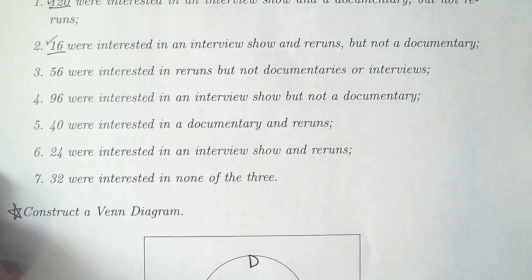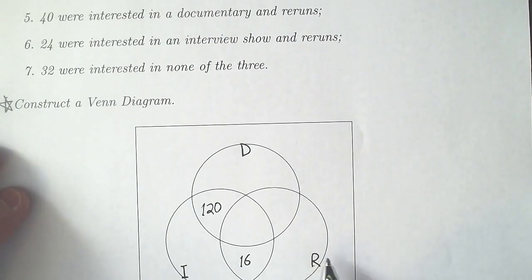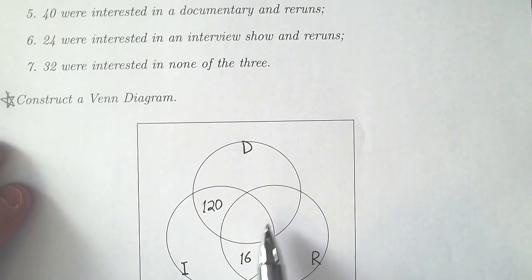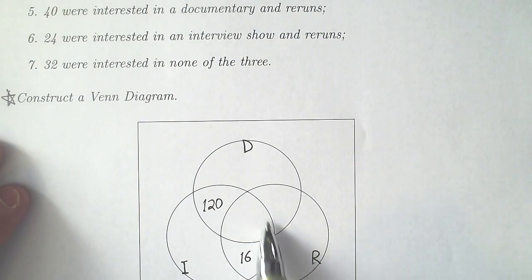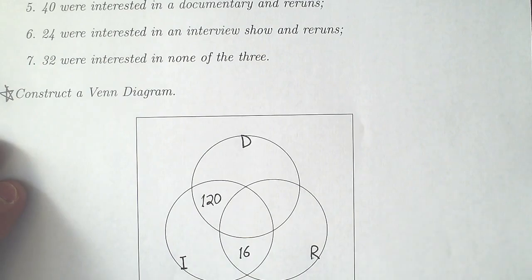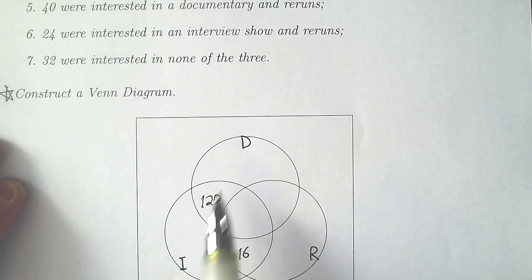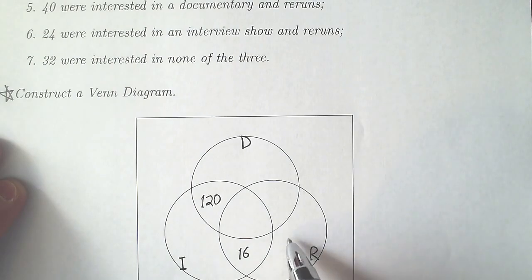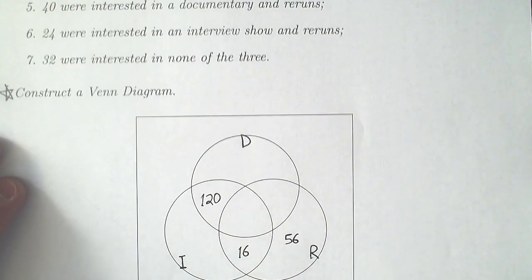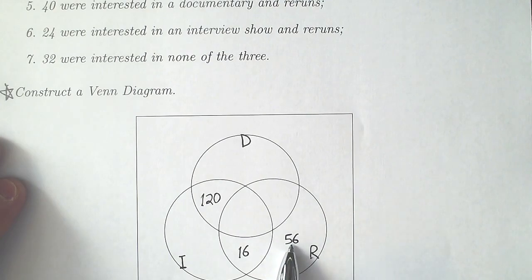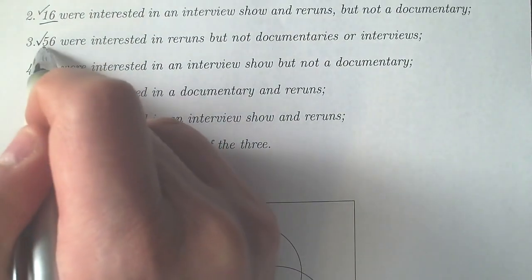Let's see. 56, they're in the circle of reruns, but they're not in the circle of documentaries, and they're not in the circle of interviews. Let's be careful about where we put this 56, if we're going to put it anywhere. Yeah, in the circle of reruns, not in D and not in I. 56 goes here. Yeah, we can use it, but it has to go in the right place. They like reruns. They don't like interviews. They don't like documentaries. 56 has been used.